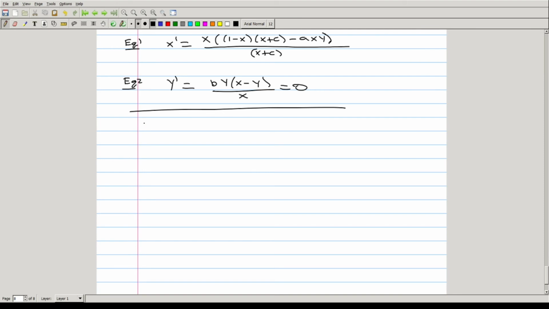The equilibrium points of this system are a little bit more cumbersome to evaluate. We'll start with equation 2. Oops, and this should not equal 0 in general. So when we set equation 2 equal to 0, we have two possible ways of satisfying this. y can be equal to 0, or y can be equal to x.